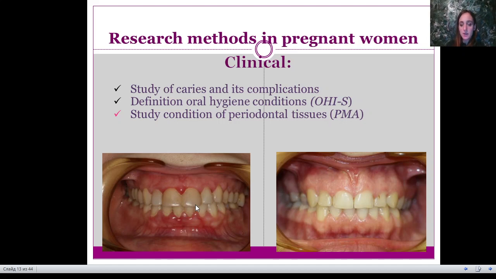And this can lead to swelling and bleeding gums, and even to a more serious form of gum disease such as periodontitis and pregnancy gingivitis.